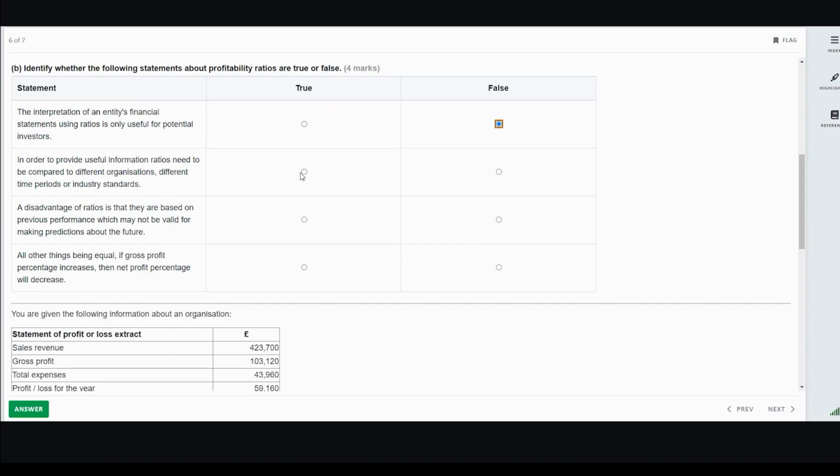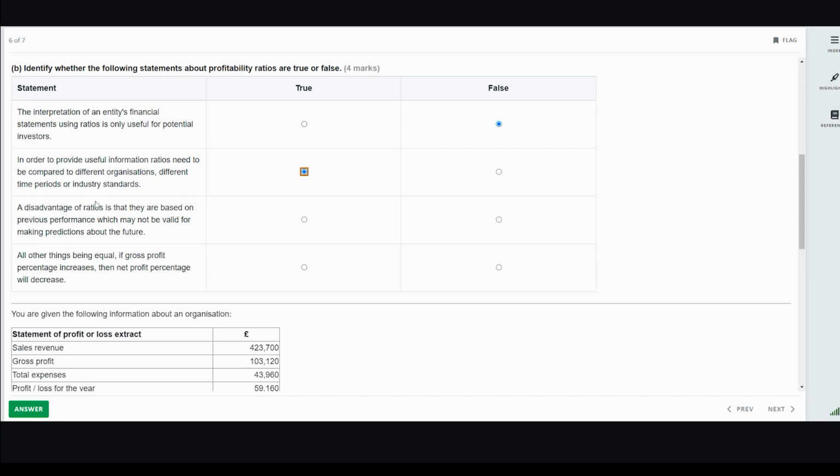But yes, this is true. We do need to compare so that we can see, for instance, whether the gross profit ratio is similar to other companies in the same industry. So that's a good way of looking at it.